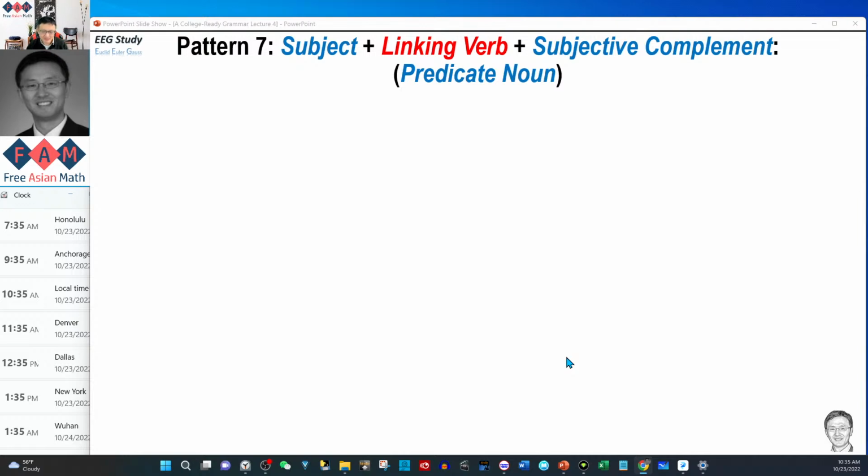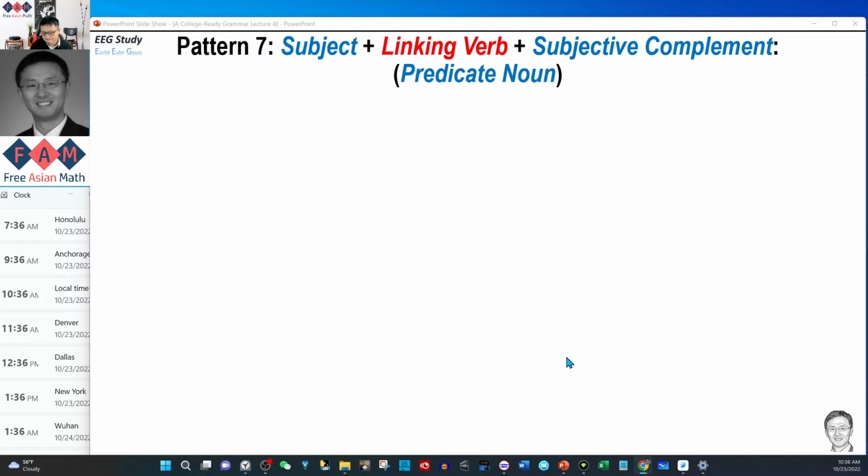Now, pattern 7. Similarly, pattern 7 is closely related to pattern 2. Remember pattern 2 is closely related to pattern 1 in the sense that there we replace the subjective complement, replace the adjective, with a noun, and that is called the predicate noun.